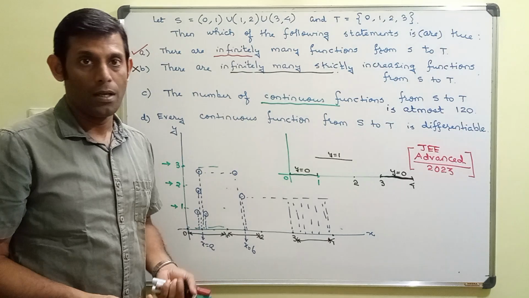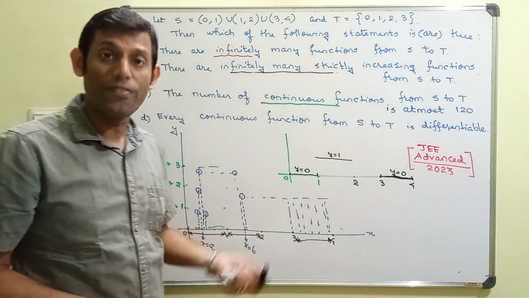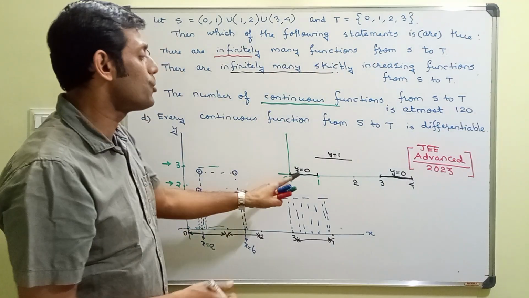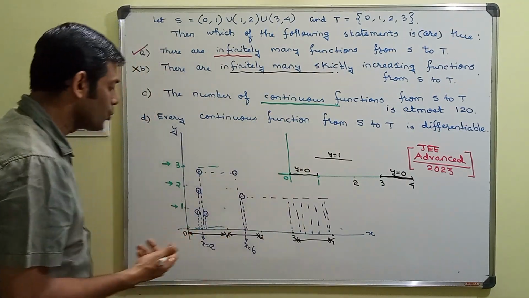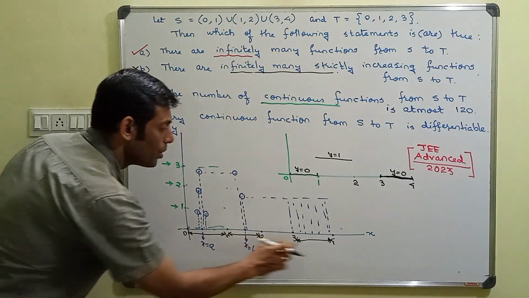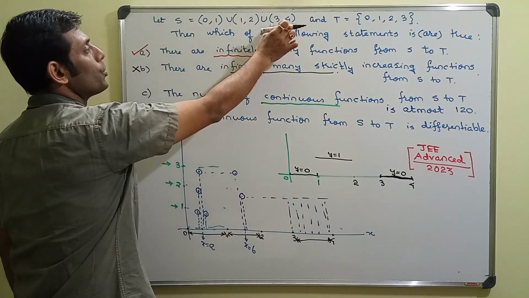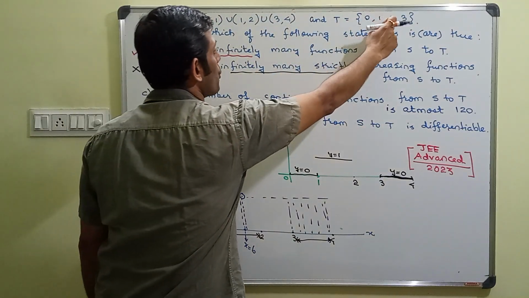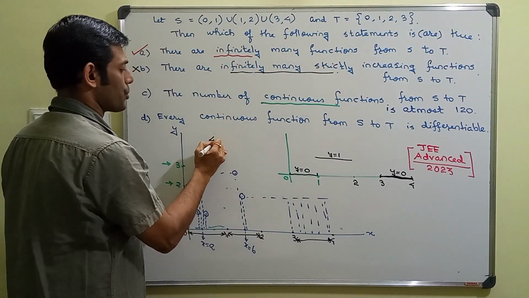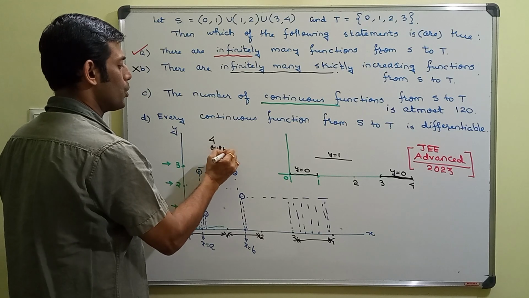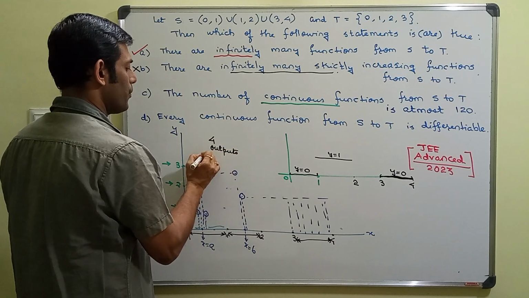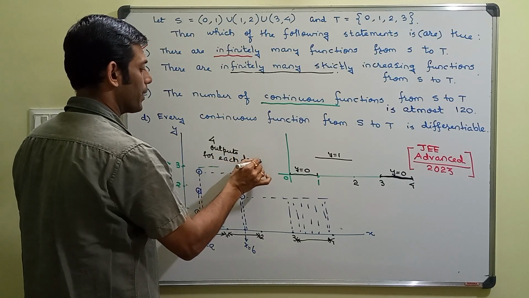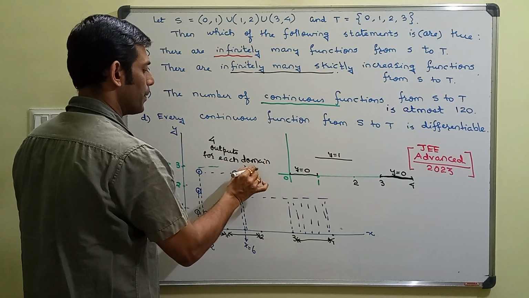But these choices of y values, four distinct choices, are available to each of the domains. And how many domains do we have? 1, 2, 3. 3 domains. Each of them has how many choices of outputs? 4 choices. 4 outputs for each domain interval.